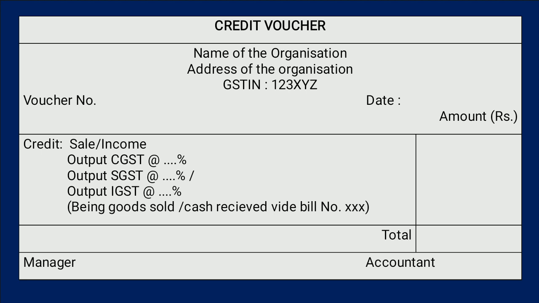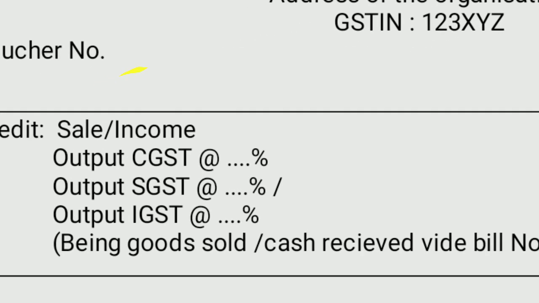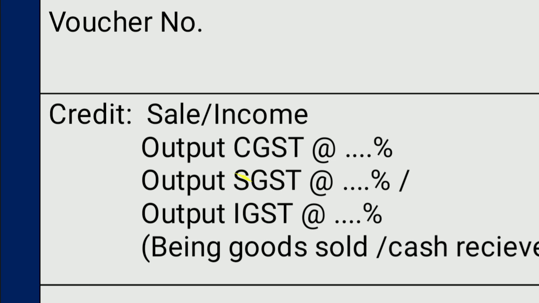Here we have to write the detail, just like here you can see credit, sale or income. We have to write sale, or clearly mention the source of income from where we are getting this income. After that, along with the sales, we have output GST.